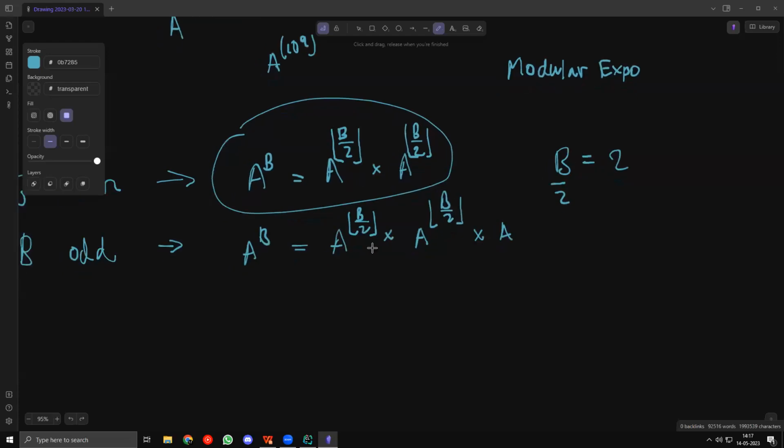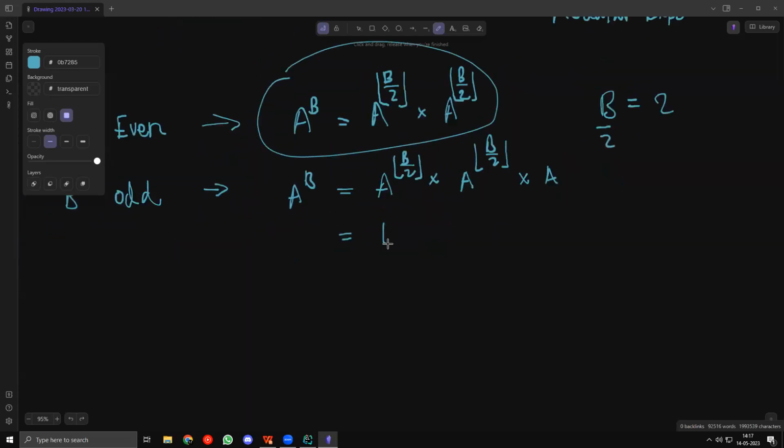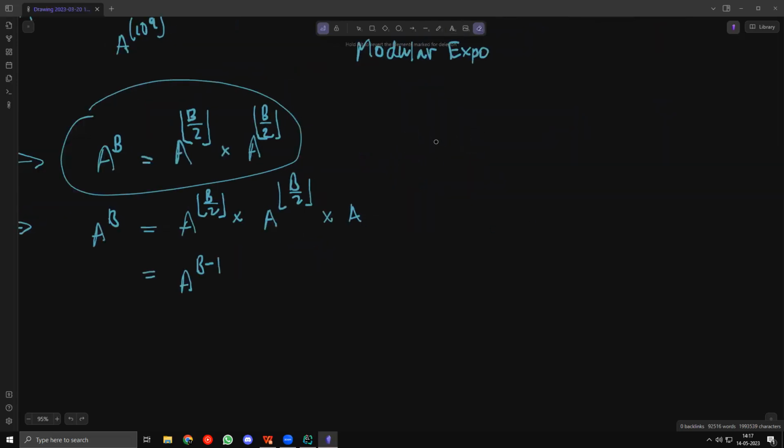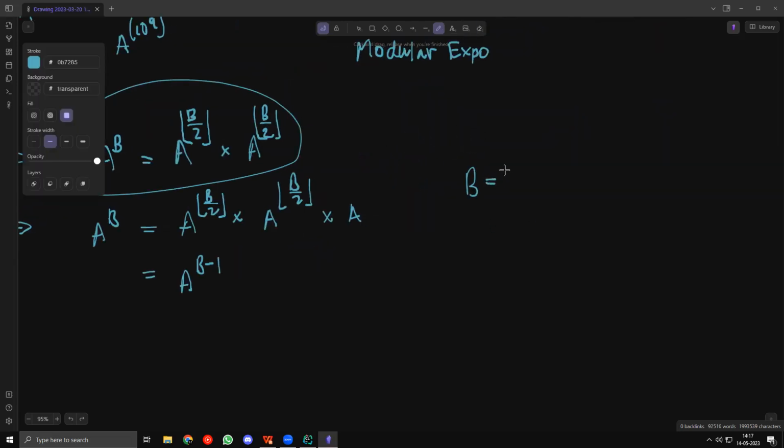So what this will do is this will be equal to a to the power of floor of b by 2 plus floor of b by 2, which, if b is odd, is going to be b minus 1. For example, if b equal to 5, then b by 2 plus b by 2 is 2 plus 2 equal to 4, which is equal to 5 minus 1.